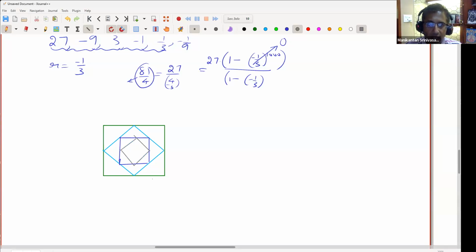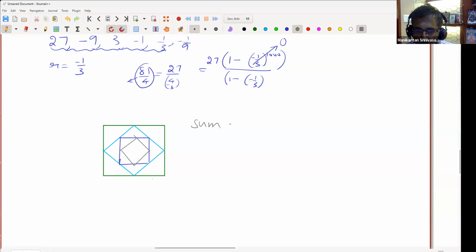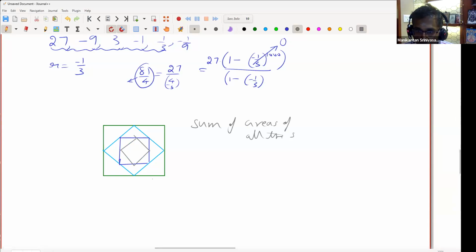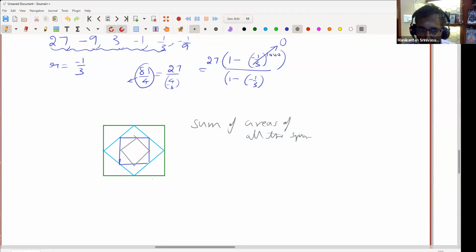Now, can you find the area? Let's keep it very simple. What is the sum of the areas of all the squares? For starters, find the sum of the areas of all the squares going till infinity, as in the same pattern keeps repeating.